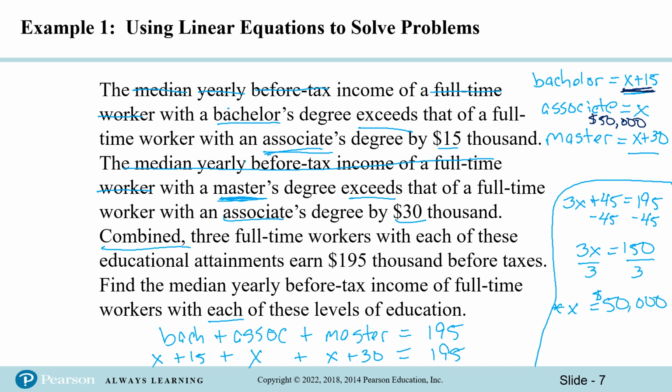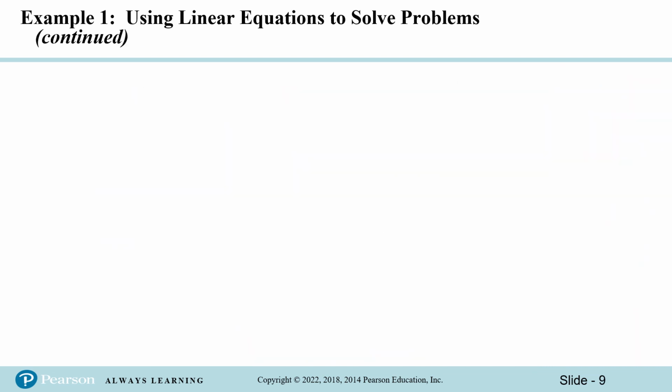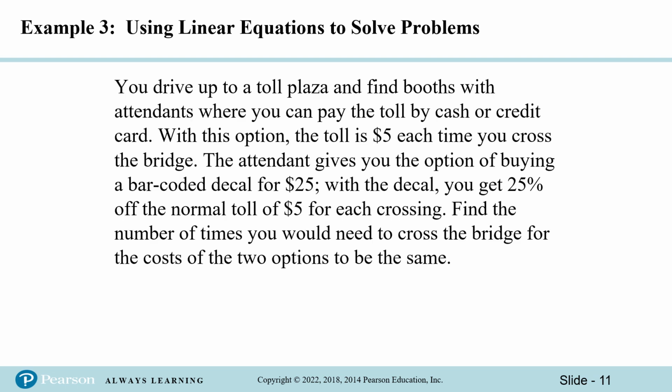So if you add 15,000 to that, that would be 65,000. And the master's degree made 30,000 more than the associate's. So that would give you 80,000. I had space. I just didn't want to go to the next slide.